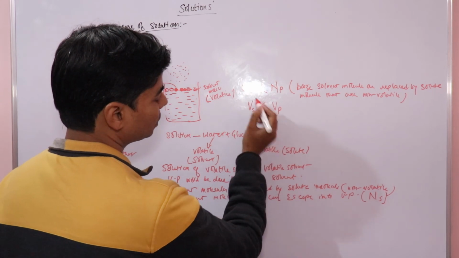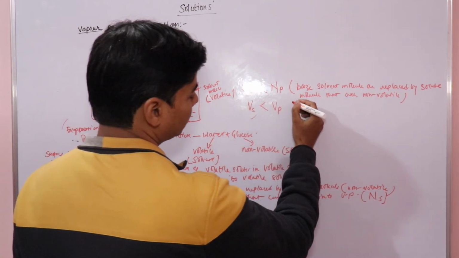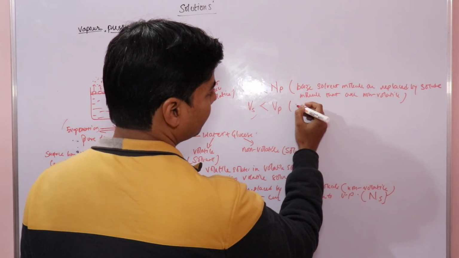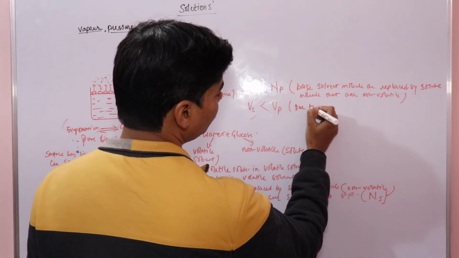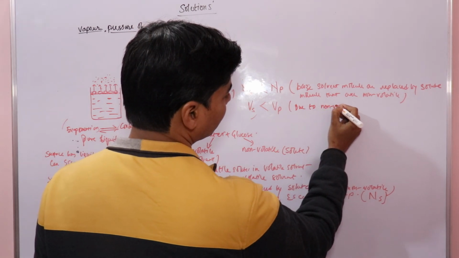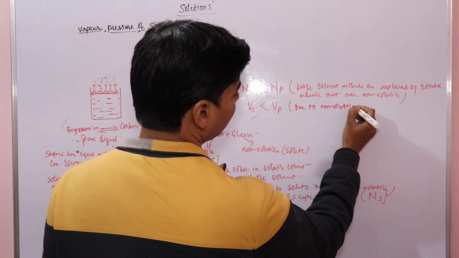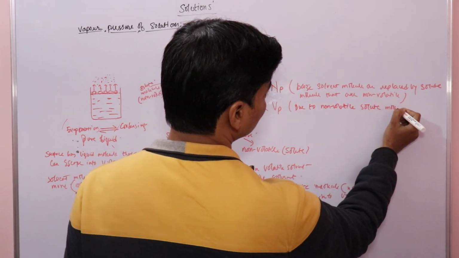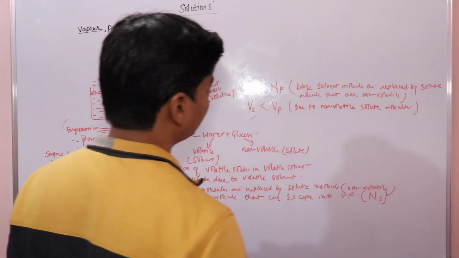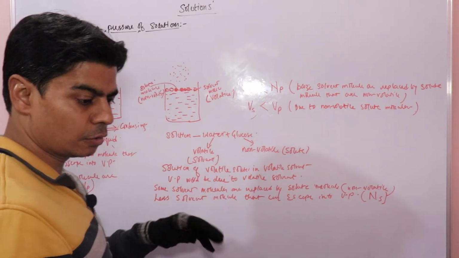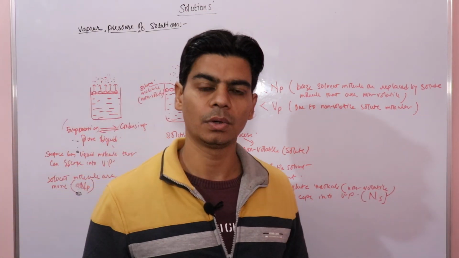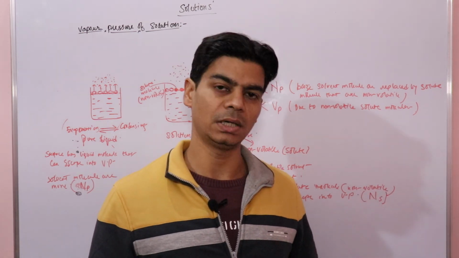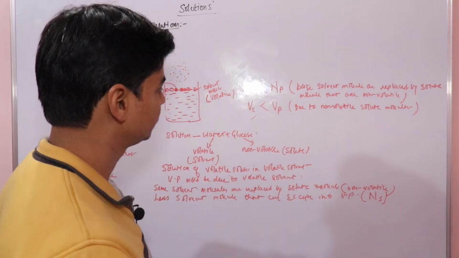So vapor pressure of solution is less than that of pure solvent. So addition of non-volatile solute to a pure solvent will result in lower vapor pressure.